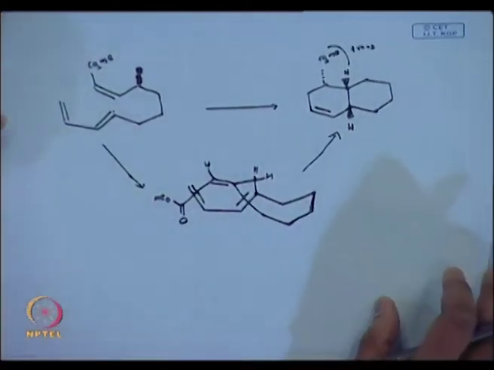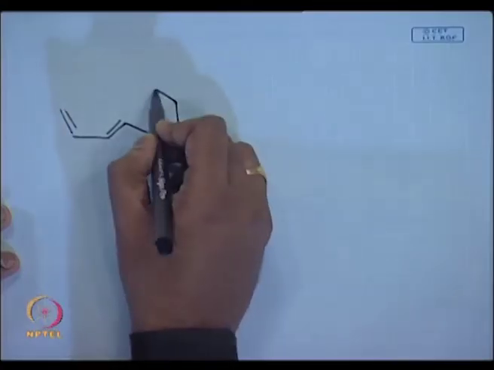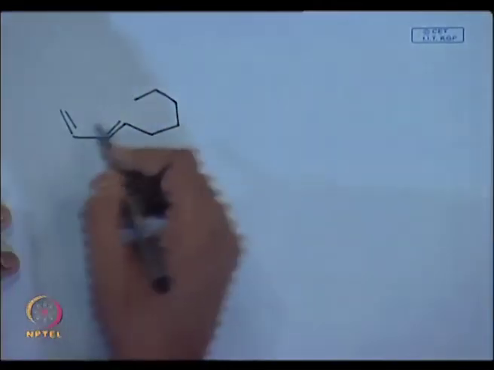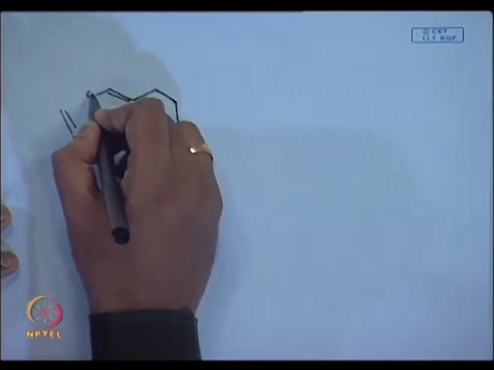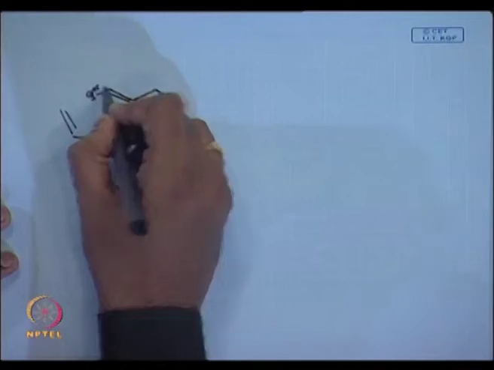Now if you do the same chemistry using your trans alkene, here CO2Me plus my hydrogen. This is your CO2Me.